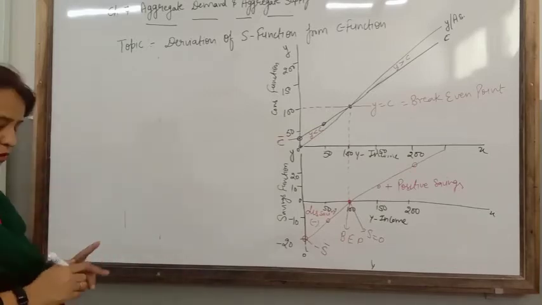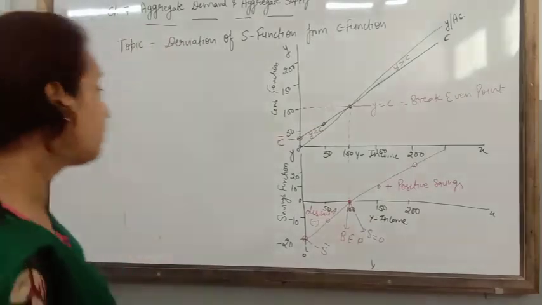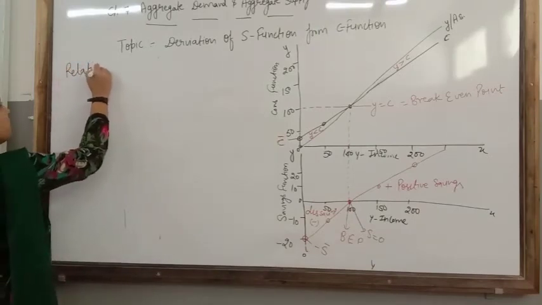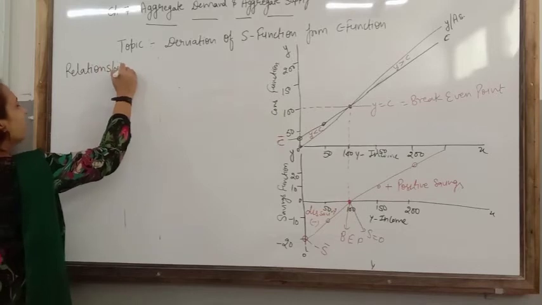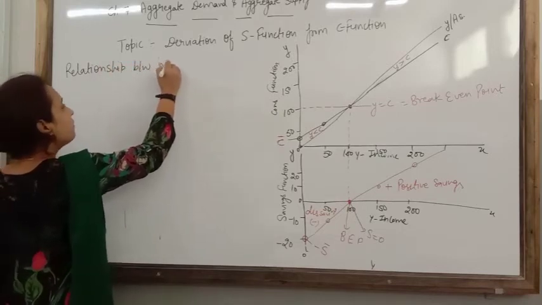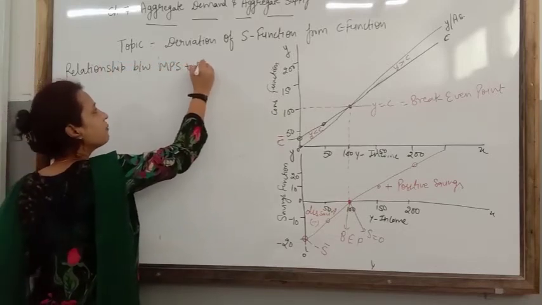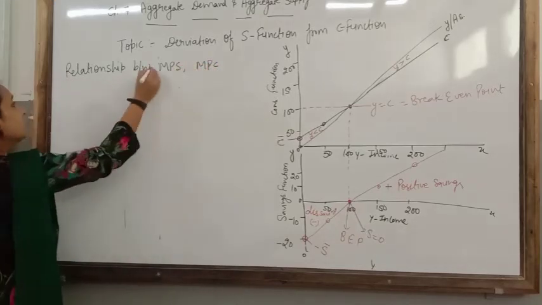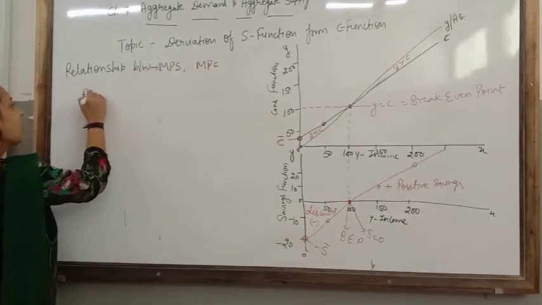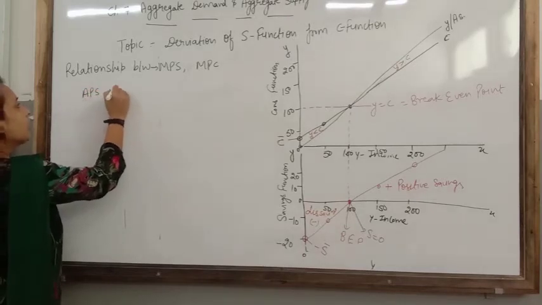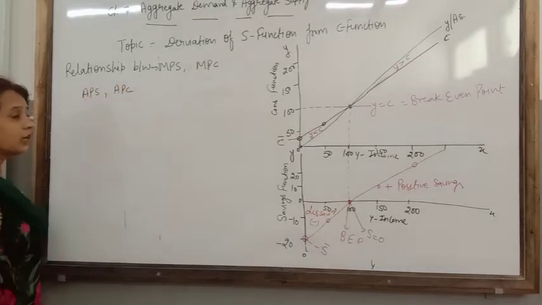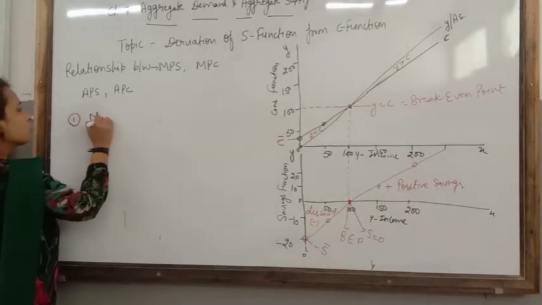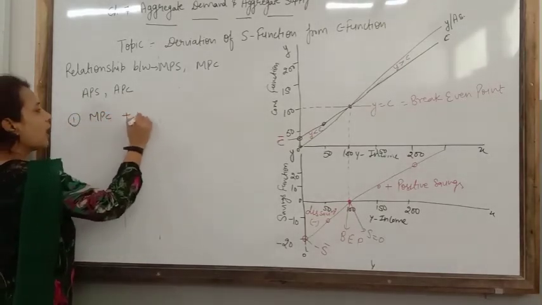That is the first point, the relationship between MPS and MPC, and the second relationship between APS and APC. Clear?